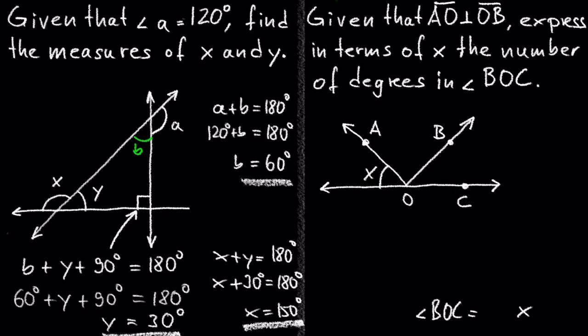But we can say that x plus 90 degrees plus angle BOC equals 180 degrees. Right? In our previous examples, we had two angles which added up to 180 degrees.